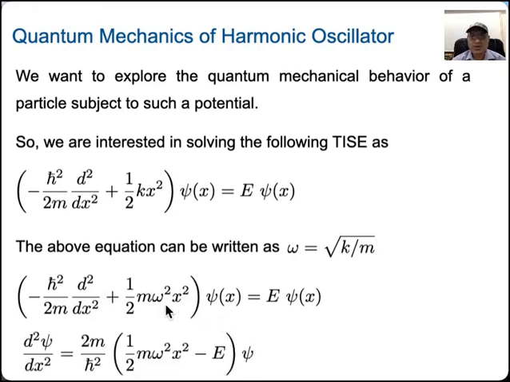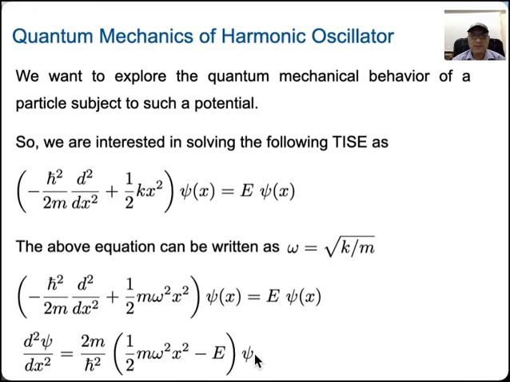Now I can express the double derivative, d2 over dx2 times psi, as equal to the rest of the terms. So I took this quantity to the right hand side and multiplied by this whole quantity. The total equation is recast in the following fashion: d2 psi over dx2 is equal to 2m divided by h cross square times half m omega square x square minus E times psi.